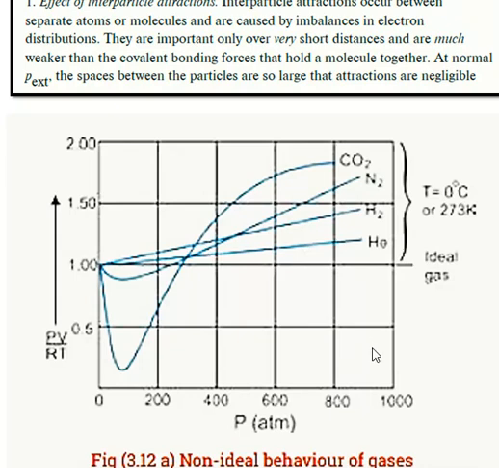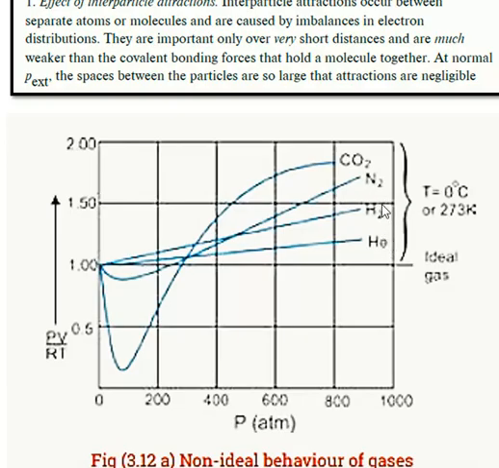Next, with respect to temperature, see that the temperature is 273 Kelvin, which is 0 Celsius. We take the example of 4 gases: helium, hydrogen, nitrogen and carbon dioxide. We know that helium and hydrogen are purely non-polar gases.